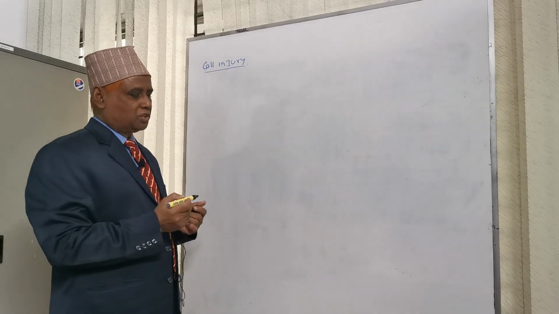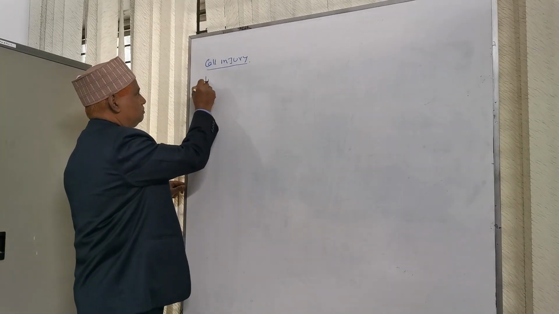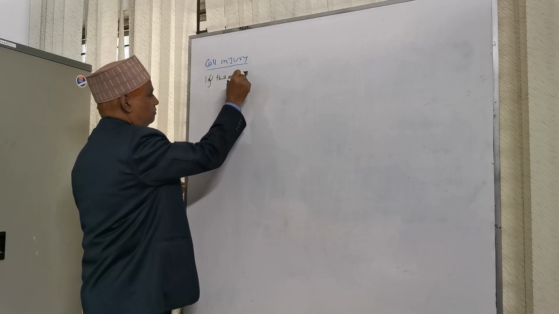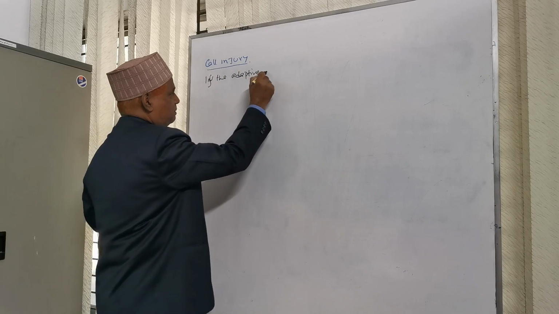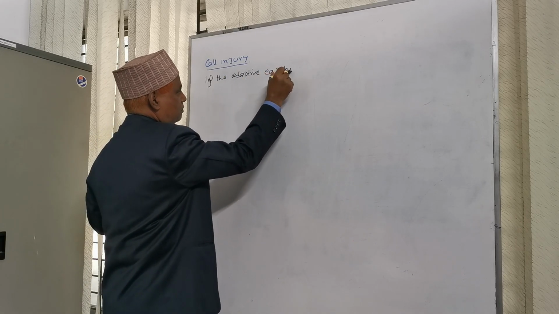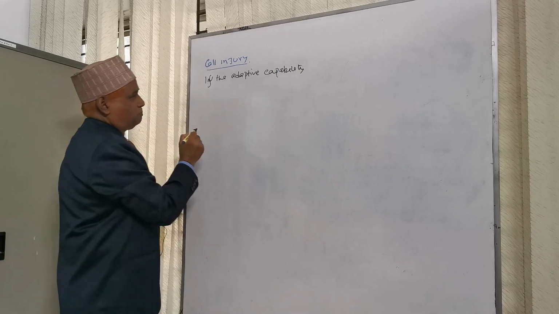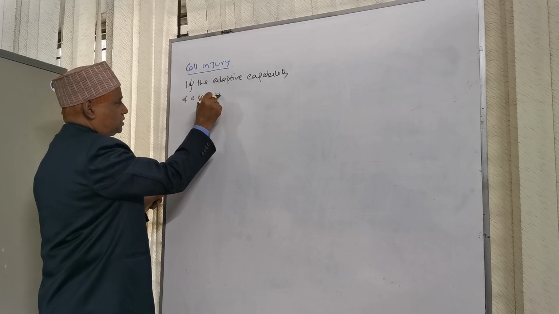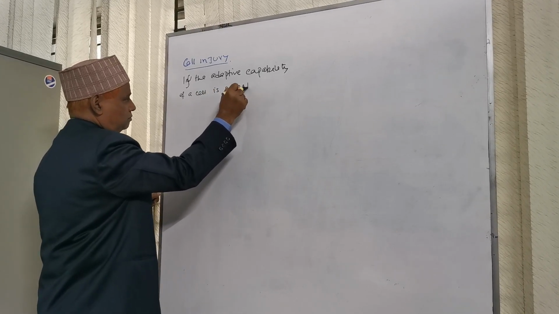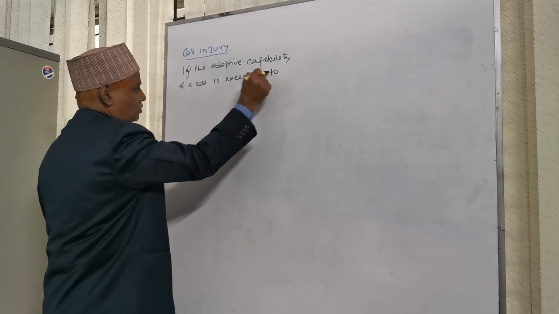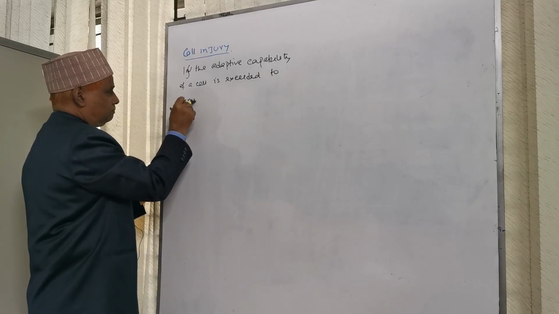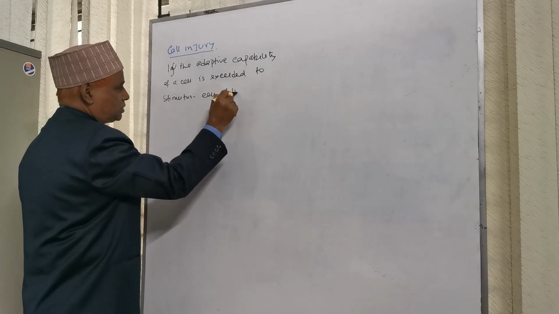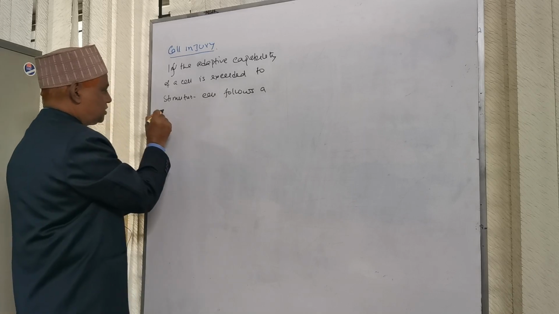Now come to the definition of cell injury. If the adaptive capability of a cell is exceeded by a stimulus, this cell follows a sequence of events.